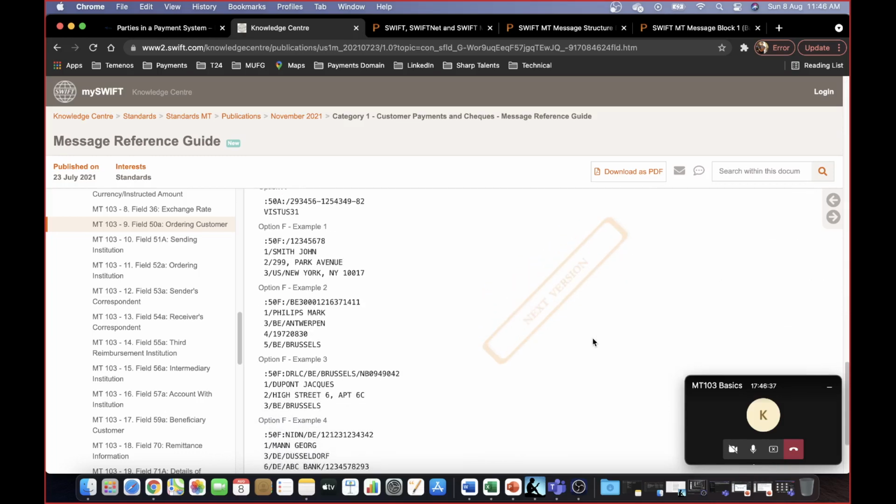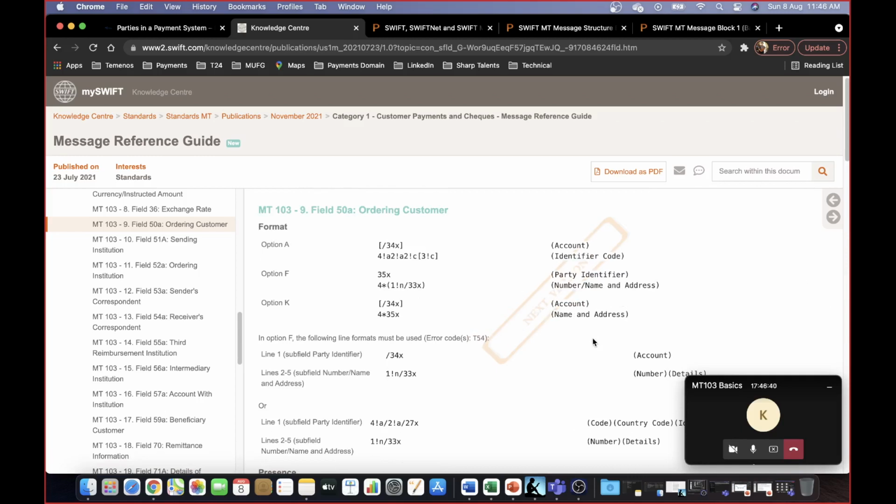So that's how we need to read this. /34x means that there are totally 35 characters allowed in the first line. One is occupied by the slash, and the remaining 34 alphanumeric characters are possible to denote the account number.